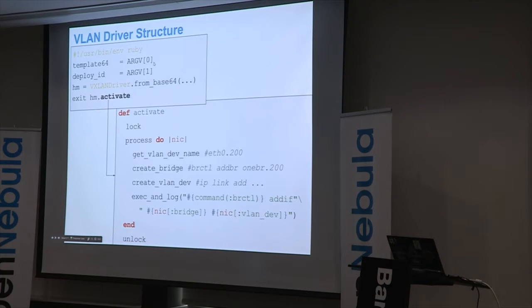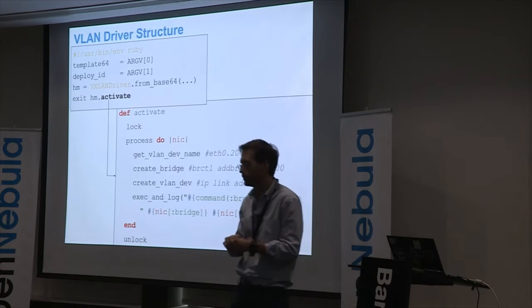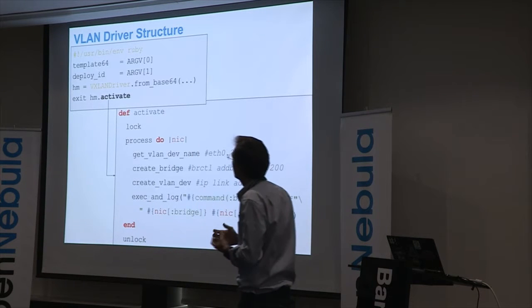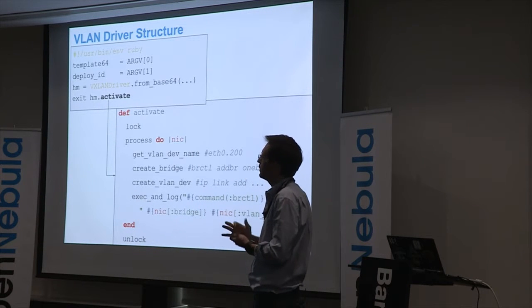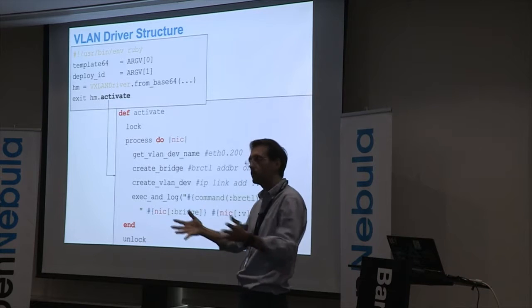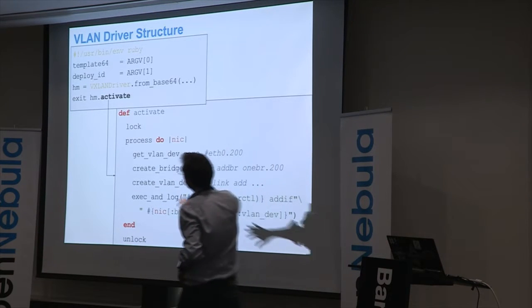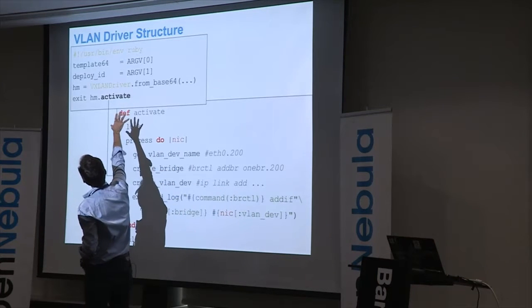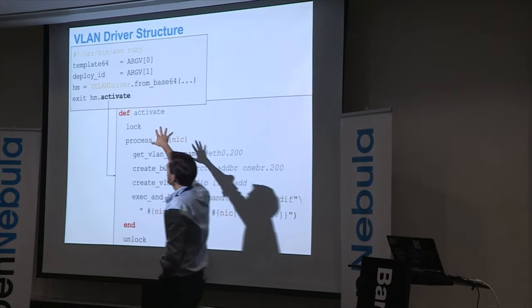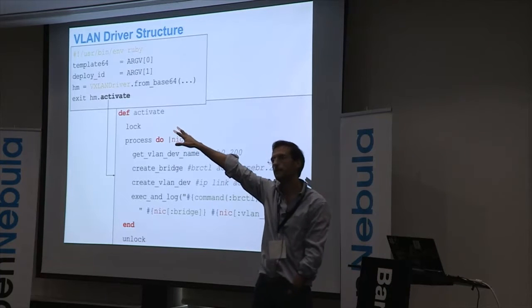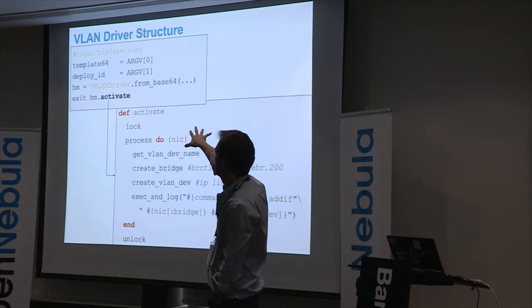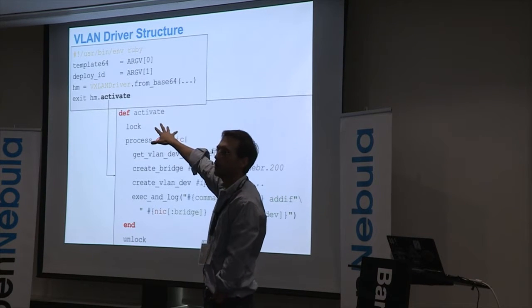If you take a look to the drivers, I extracted the most important part for the VXLAN driver, and what is happening in the VXLAN driver, if you need to hook in and put your own customizations. This is basically the operation. You get the deploy ID of the VM and the VM template encoded in base 64.